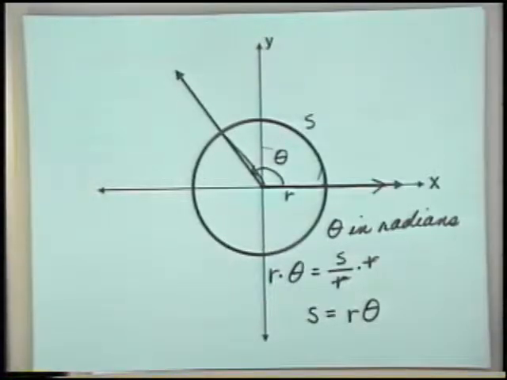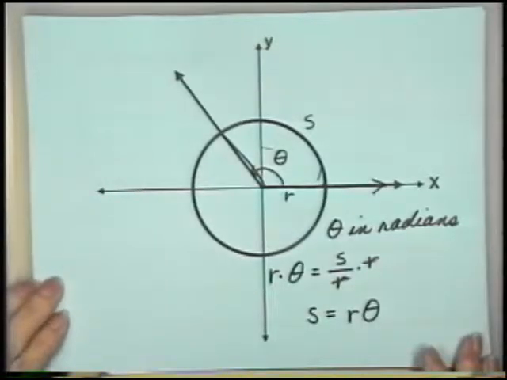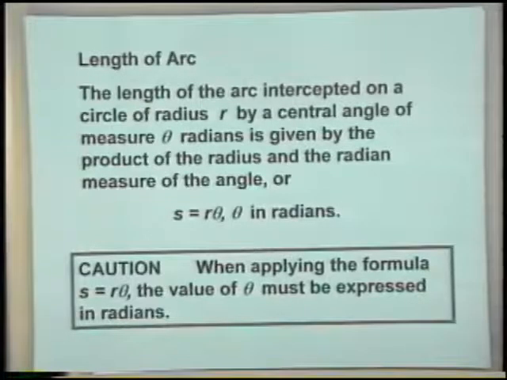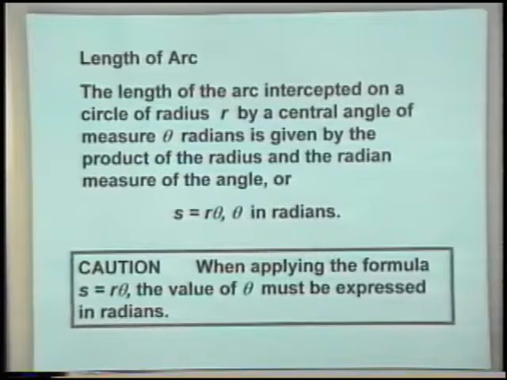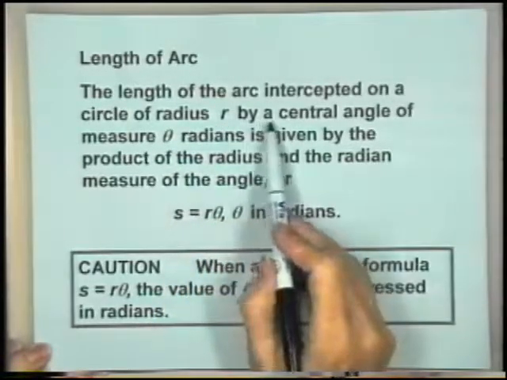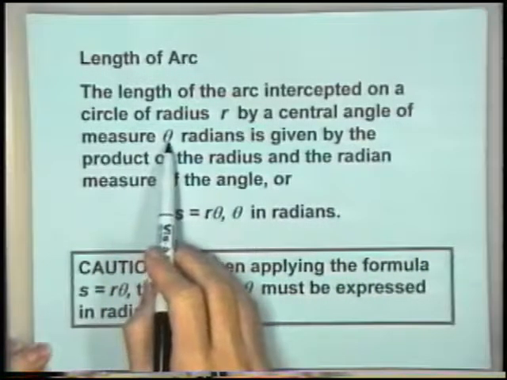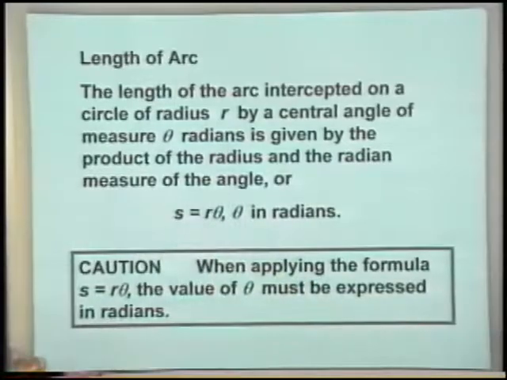So let's look at that definition. The length of the arc intercepted on a circle of radius r by a central angle of measure theta radians is given by the product of the radius and the radian measure of the angle, or S equals r times theta, where theta is in radians.